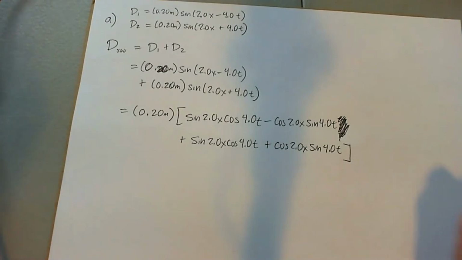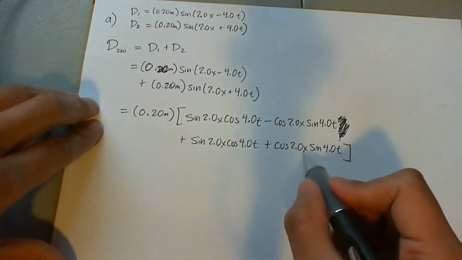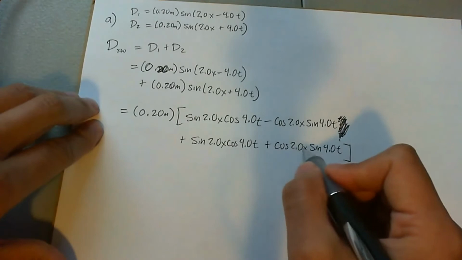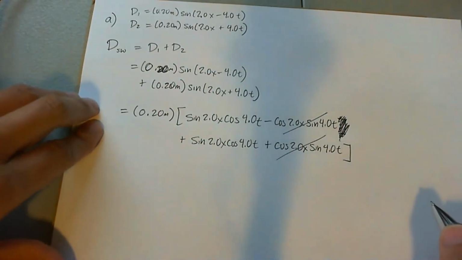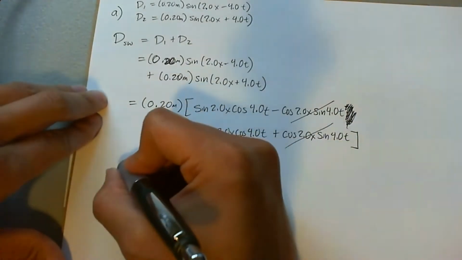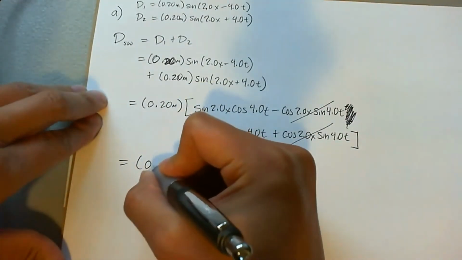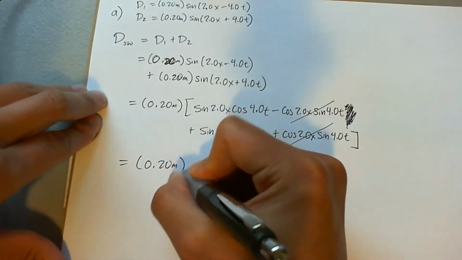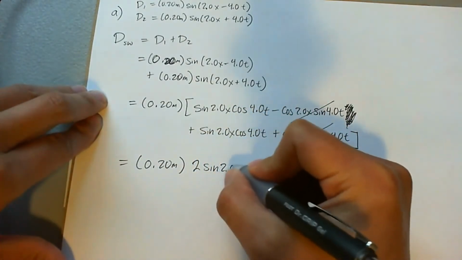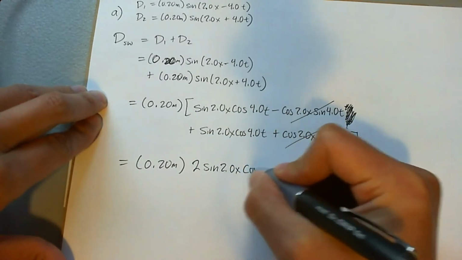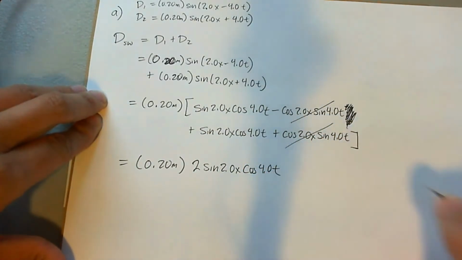Now, as you can see, just from putting one right below the other, these two are the same, these two are the same. And because of this minus and plus, we're going to go ahead and cancel that out. So this ends up being 0.20 meters multiplied by 2 sine of 2x cosine of 4t.